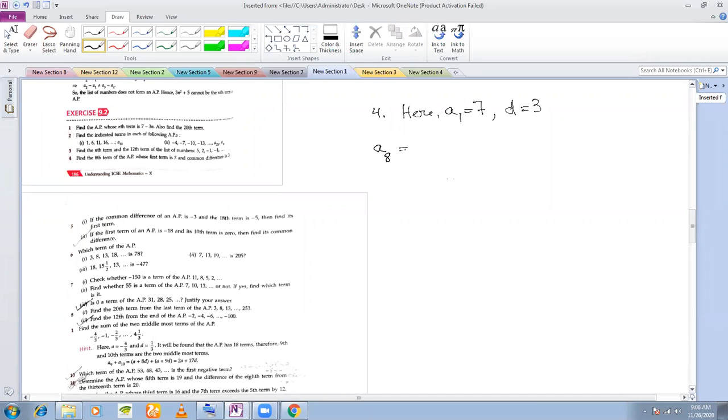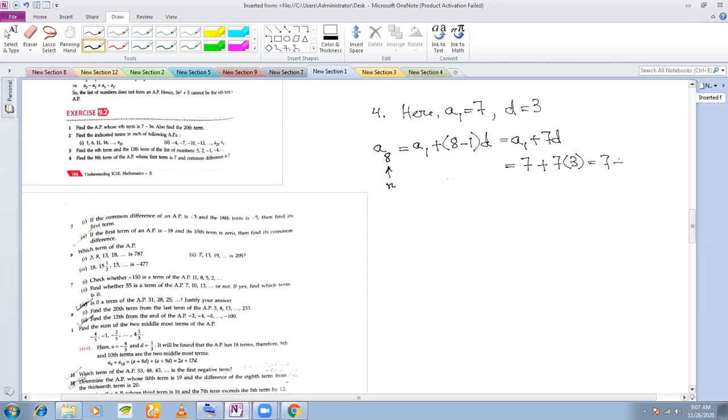You know that the formula for An is A1 plus n minus 1 into D. So n here is 8. So A8 will be A1 plus 8 minus 1 into D. So this is A1 plus 7D. Now you can put the value of A1, 7, and you can put the value of D also.